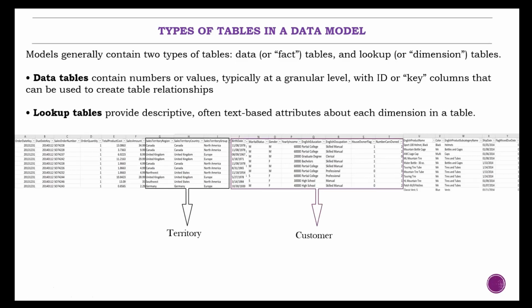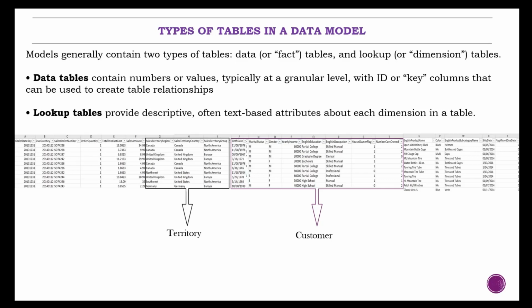From the definition of a lookup table, the lookup table is also called the dimension table. So when I say the lookup table, just know I'm referring to the dimension table. And when I say dimension table, know I'm referring to a lookup table. So the dimension table, like I mentioned in the definition, provides descriptive attributes.